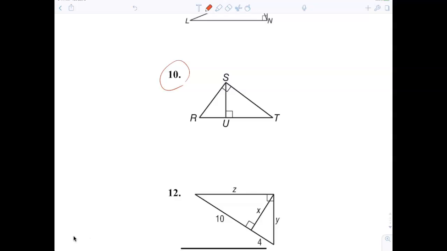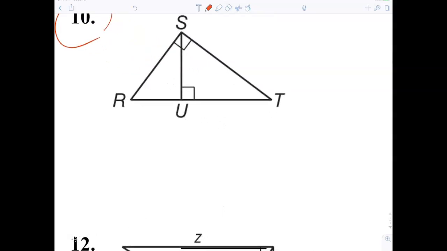That's what I want everybody to do. So angle R we want to call what? I would have said x, but some of you prefer to start with 90 minus x, so we'll start with 90 minus x. Then the angle on top would be what? X. And then angle S, what would that be? Thank you. 90 minus x.